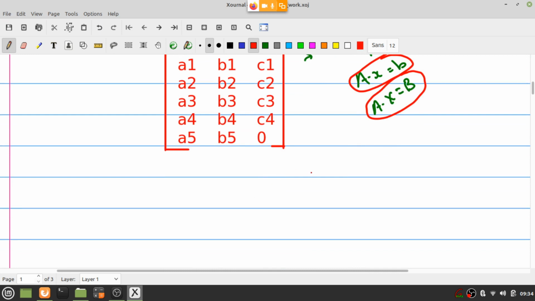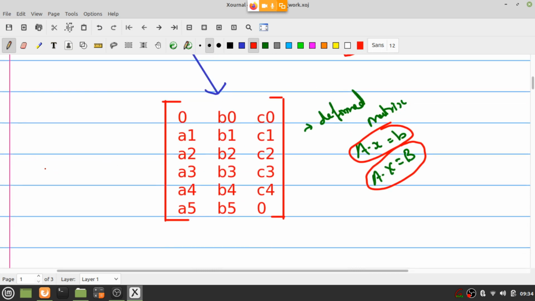Diagonally dominant is, suppose I have a matrix A, then mod of A(i,i) should be greater than the summation over j equal to 1 to n, with j not equal to i, of mod of A(i,j).